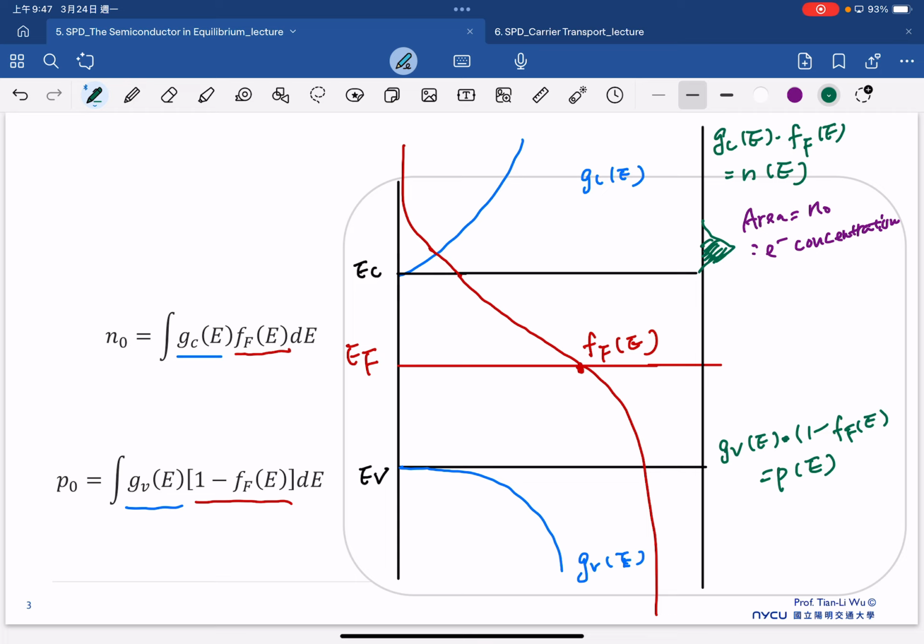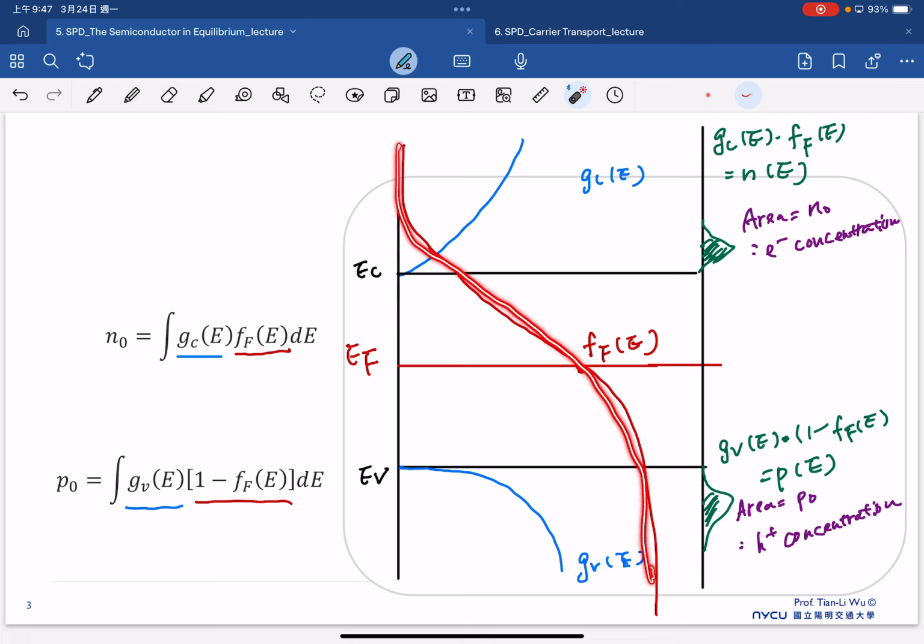So this calculation also suggests that we estimate the area here, which is equal to P0, the hole concentration. That is the information this equation tries to deliver: with the help of this distribution function times either GC or GV, in the end our concentration is equal to the area here, which can be the electron concentration or the hole concentration.